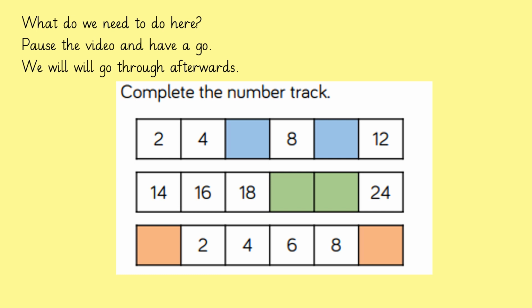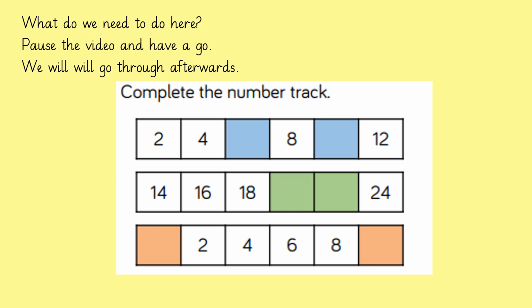So now it's carried on. It's got slightly bigger numbers, but are they still going up in 2s? I think they are, because 14 is 2 less than 16. So it goes 14, 16, 18, 20, 22, and then 24. The last one is a little bit trickier because you've got to do the first one.